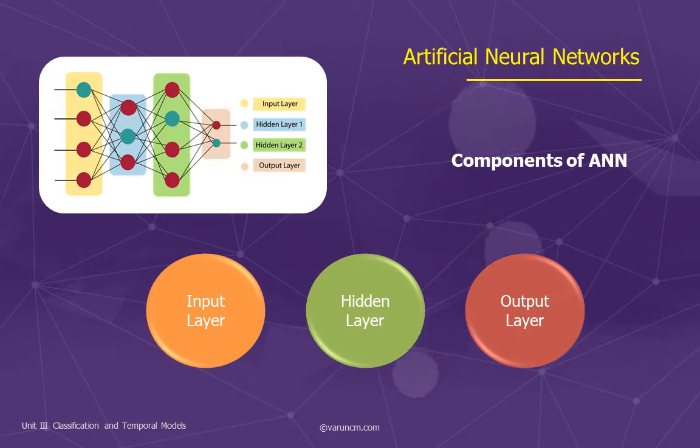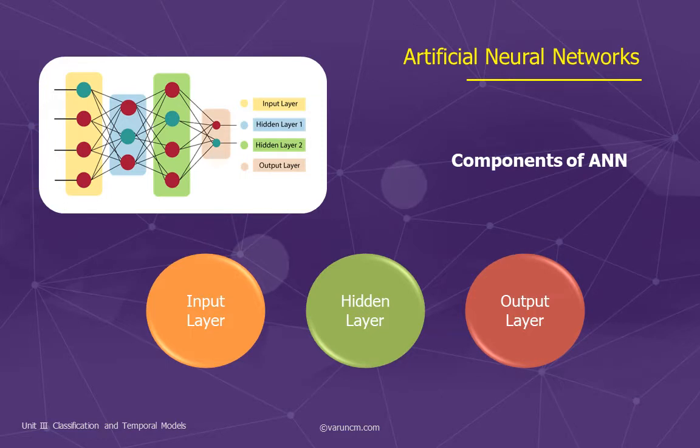In this diagram, you could see that the first layer from the left is the input layer, which is marked using yellow. This layer is specifically meant for getting the input from the outside world. Then at the rightmost end, the pink color is the output layer, which is specifically meant for producing or displaying the output.